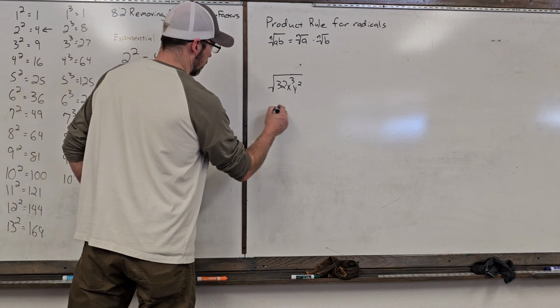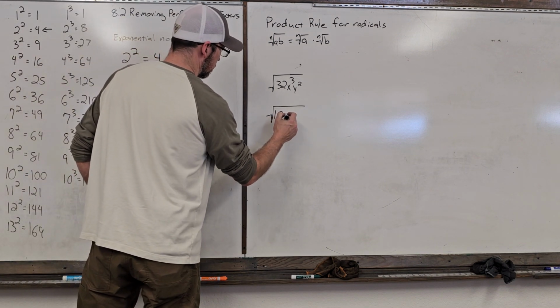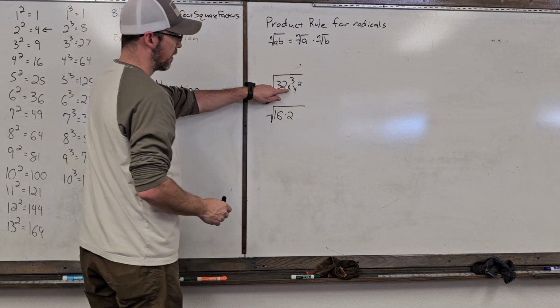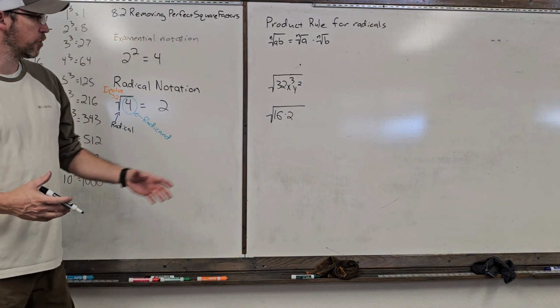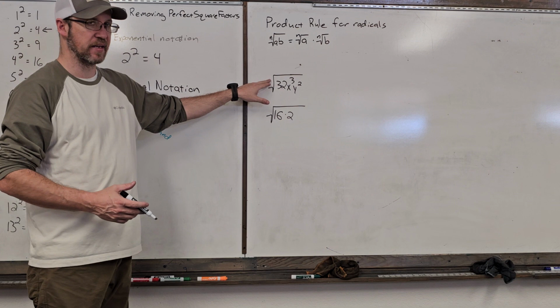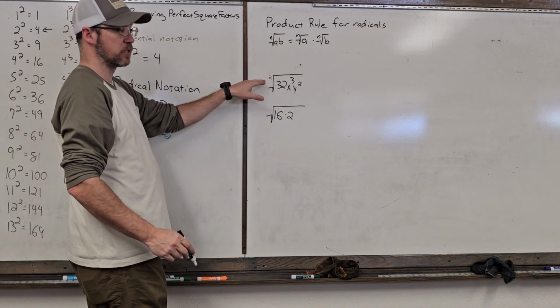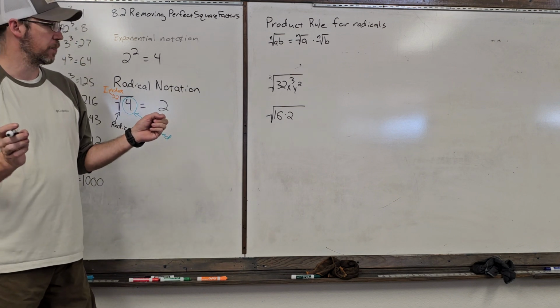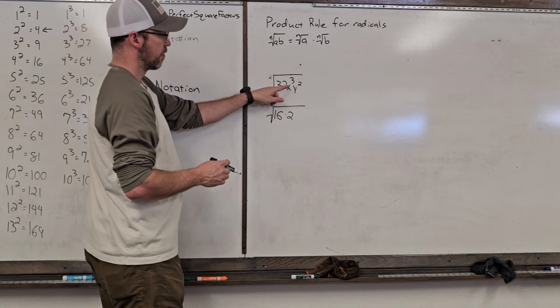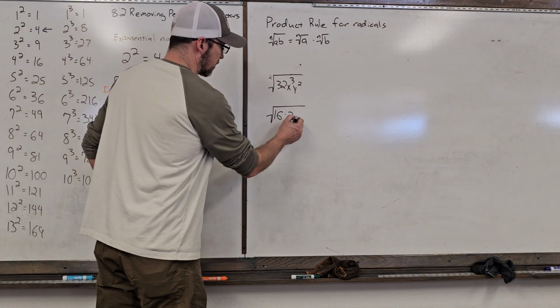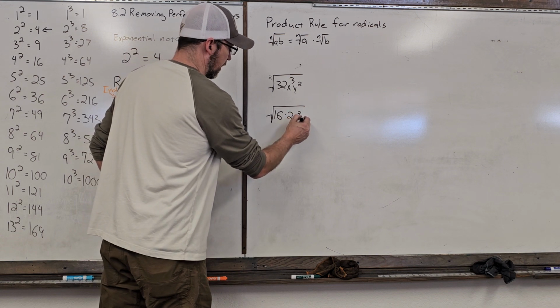It's going to be 16 times 2. Now my x cubed. My trick here, 3 is not divisible by the index. The index here is a 2, it's understood to be 2. 3 is not divisible by 2, so I need to break x cubed up into 2 parts too. X cubed is the same thing as x squared times x to the first.